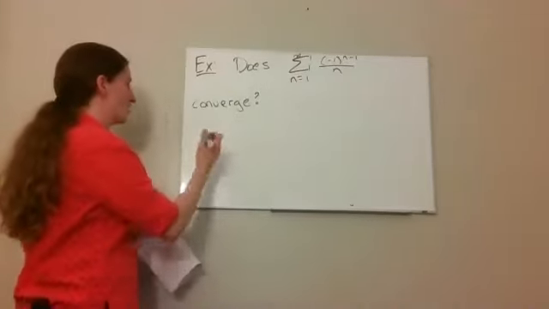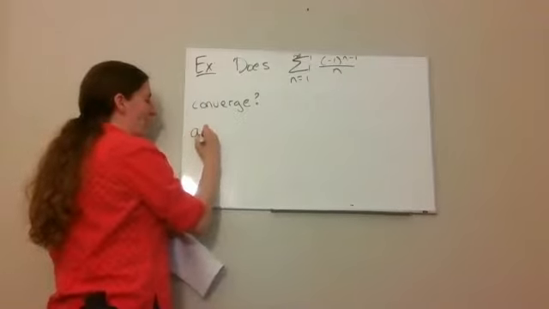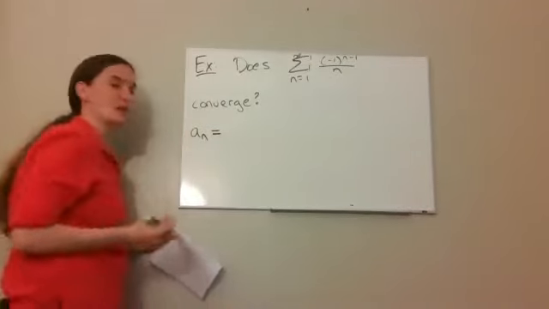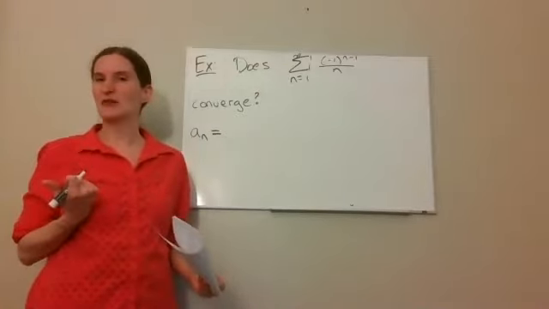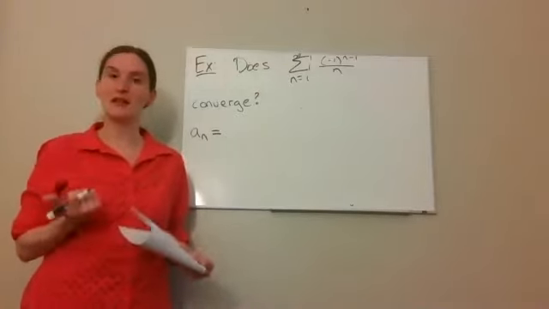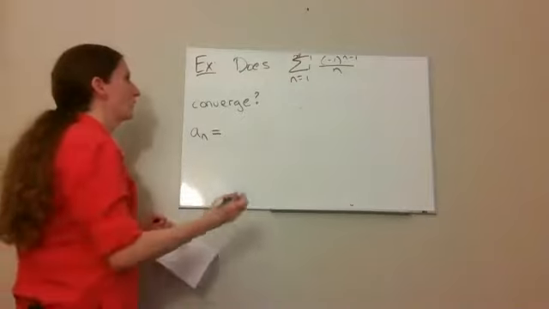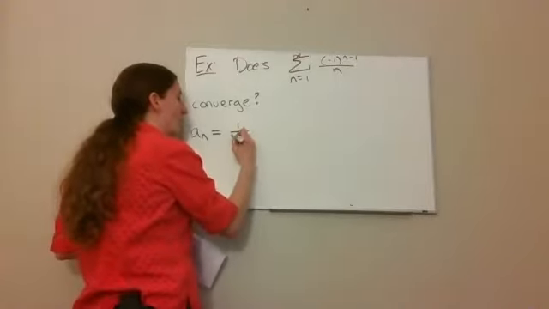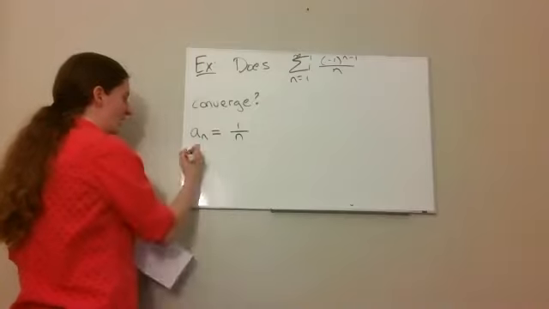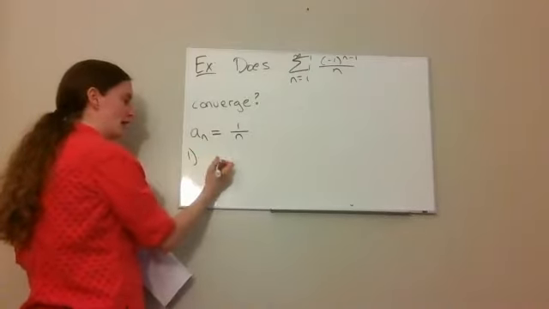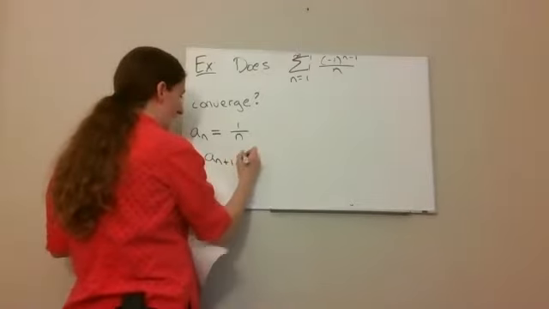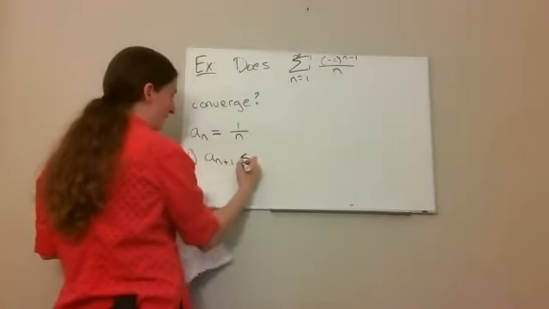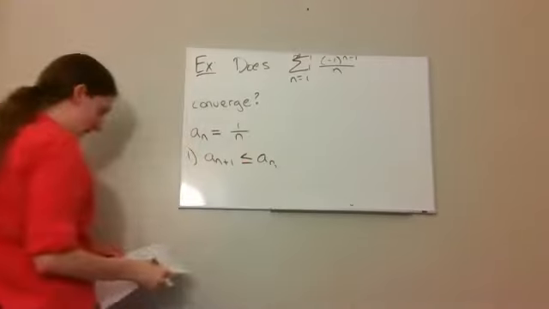So let's first check what this a_n refers to in our statement of the alternating series test. The a_n in that statement refers to everything other than that -1 to the power. So in this particular problem, we have a 1 over n. We need to check condition 1, is it going to be decreasing? Is a_(n+1) going to be less than or equal to a_n?